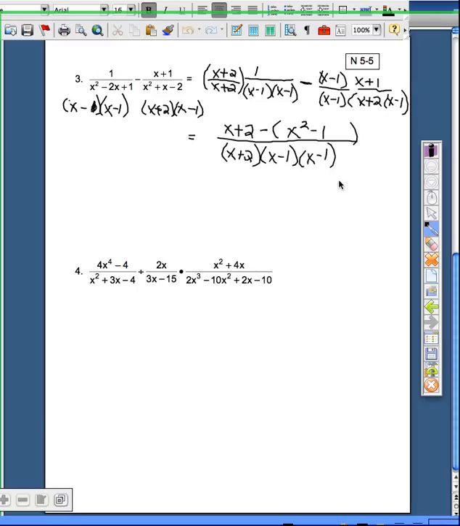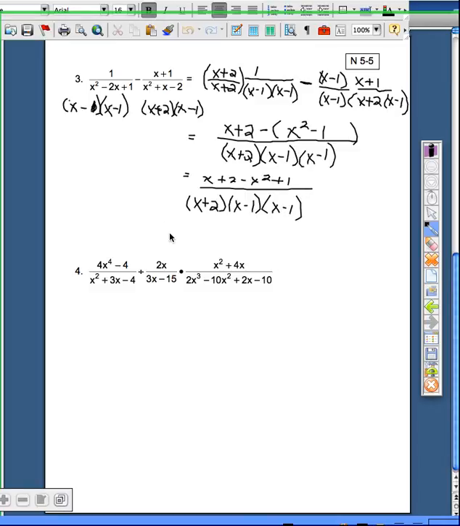If you don't recognize it, your middle terms are just going to cancel. But then again, we have this minus. I think I have enough room, so I'll write it. We have x plus 2 minus x squared plus 1, all of that over x plus 2 times x minus 1 times x minus 1.